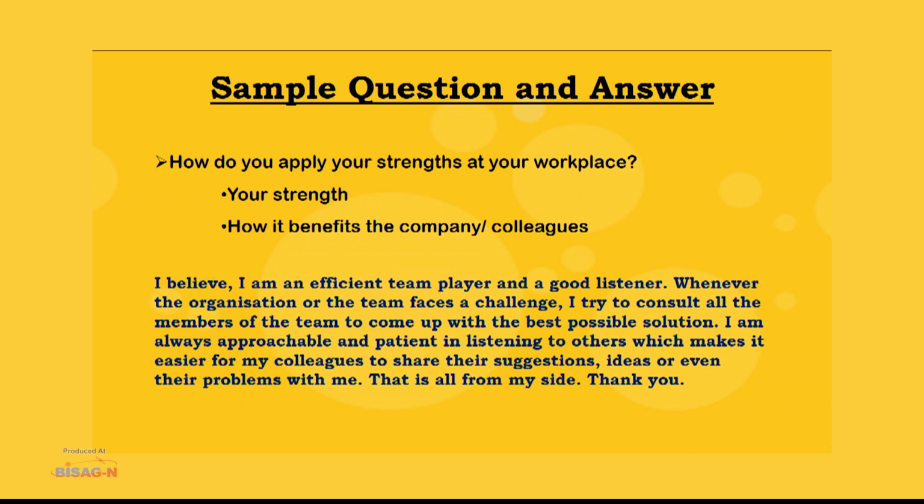And how does it benefit the company? It helps in growth. Instead of writing it helps in growth, just write growth. Once you're done preparing, make sure you organize your answer in a very efficient way.